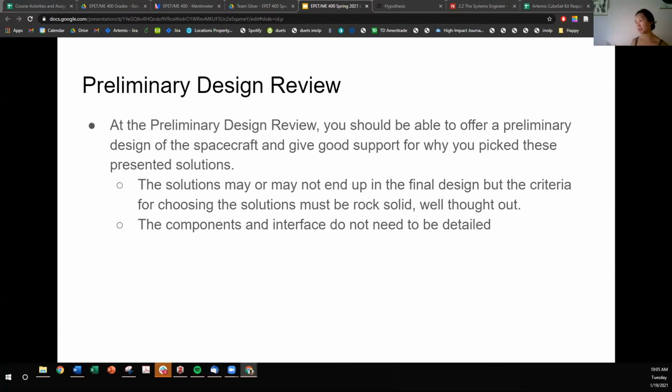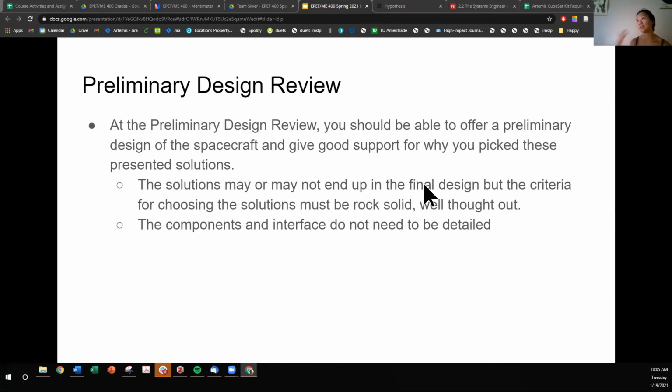I just want to stress that even though your solutions may not be in the final design, you're offering some initial starting point for the design. You need to make sure that you have a solid idea of how you're evaluating the design. You're drawing subsystem requirements and system requirements that have function and performance associated with it. So those are good criteria for making sure that your initial design holds up to it.